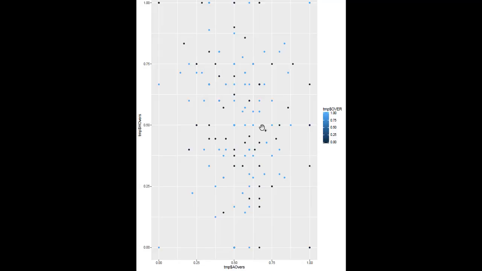So by picking games where both the home team and the away team get overs more than half the time, I'd be looking to back that. And the Man City Bournemouth match is one of those games.